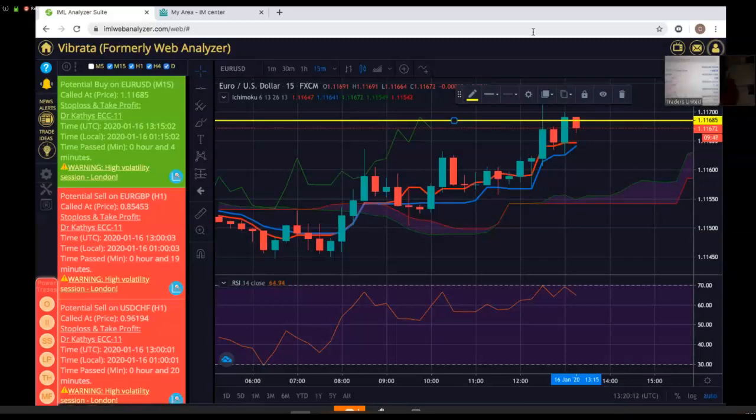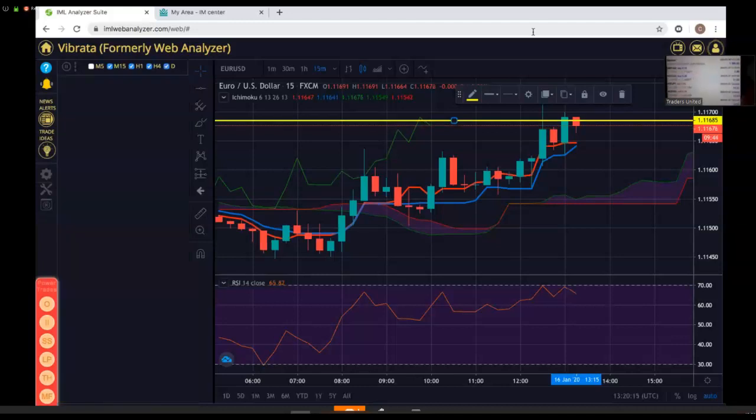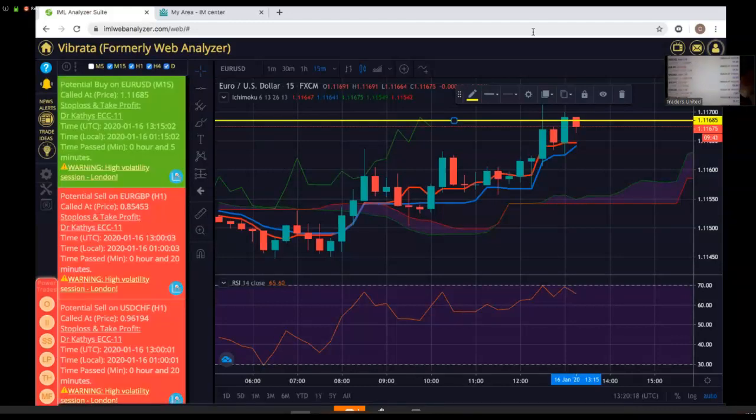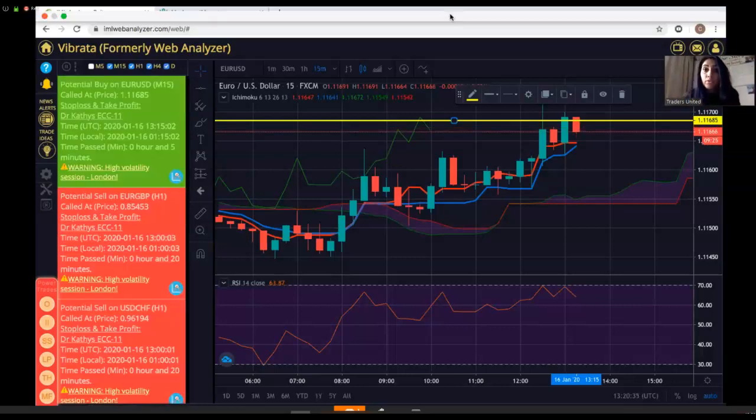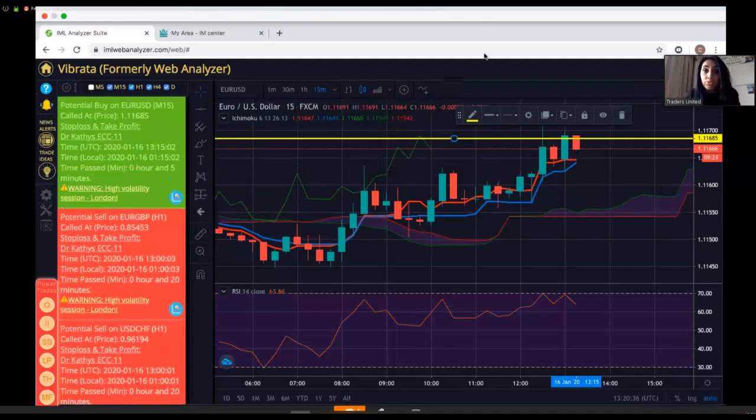And you can see here, I've also used consistent lot sizes according to my growth chart, which I'm going to show you. And this is all purely Vibrata, okay? Purely Vibrata. And you can see they've actually hit the take profit, because you can see the green over there. So guys, just be consistent. Make sure whatever you're doing, you're sticking to the rules.